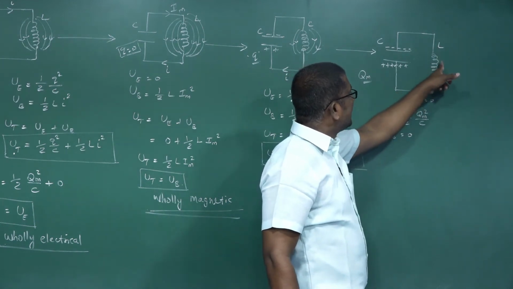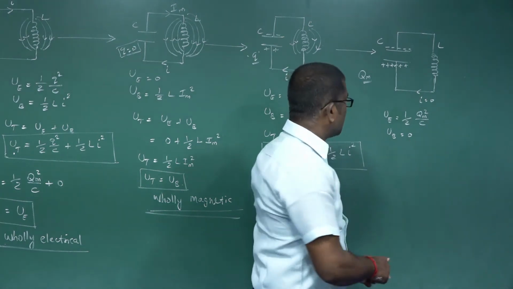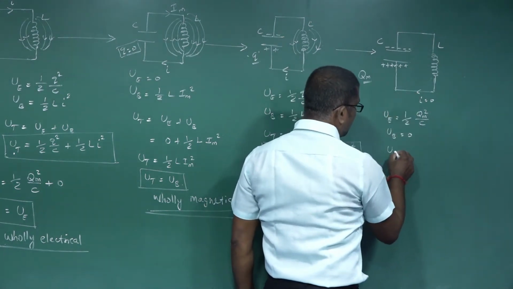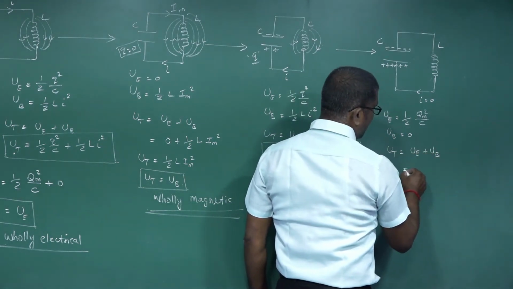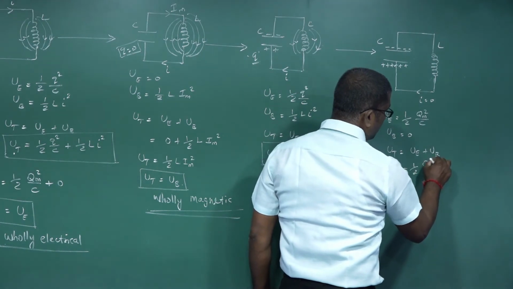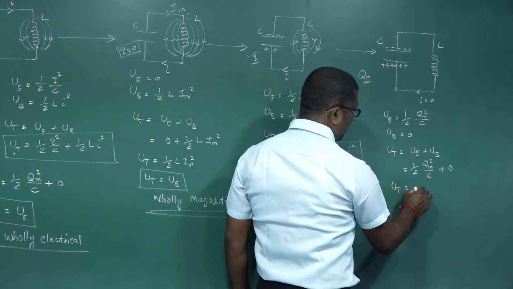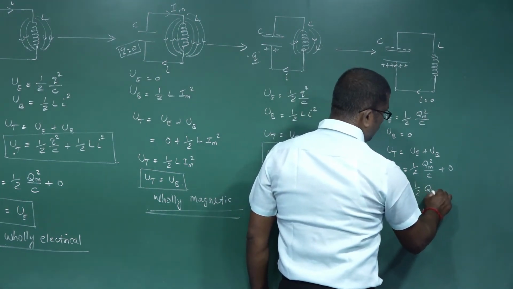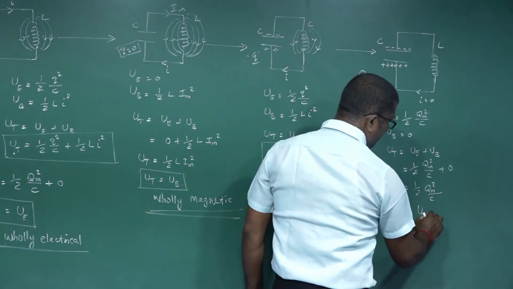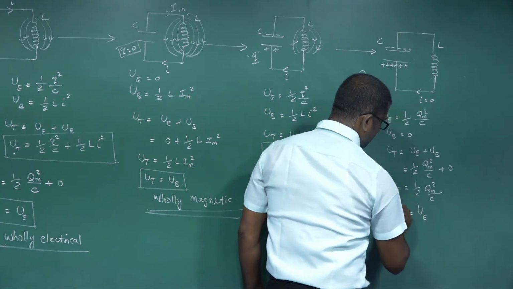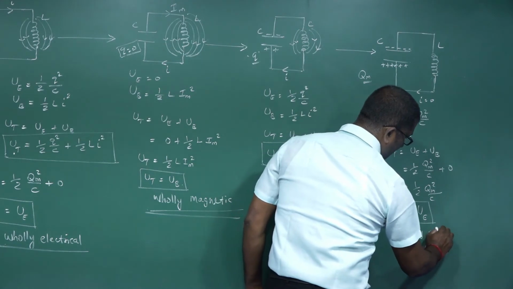In this state, the total energy is UE plus UB, which is (1/2) Qm squared divided by C plus zero. So the total energy is completely electrical, wholly electrical.